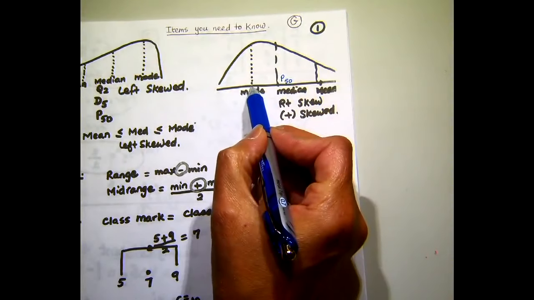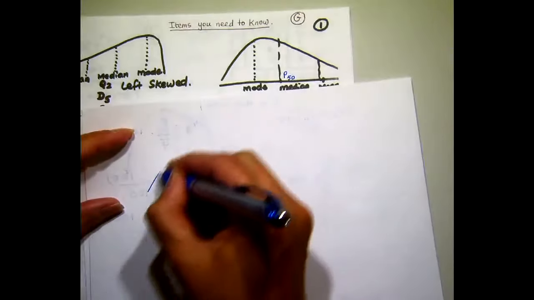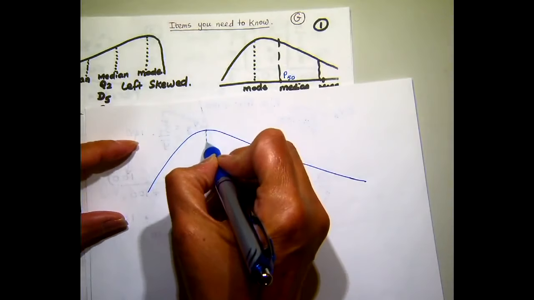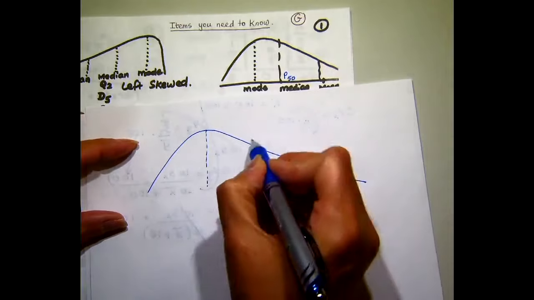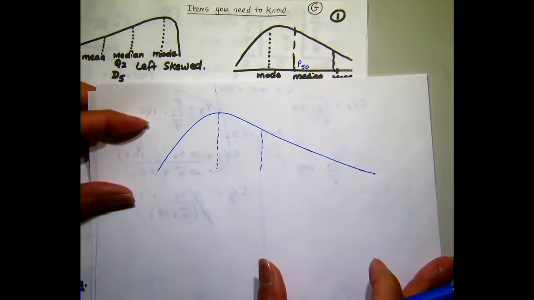The mode is the value that occurs most frequently. So when I draw a right skewed distribution, the mode will happen where the height is the max. The median happens where you divide the area into two equal pieces.